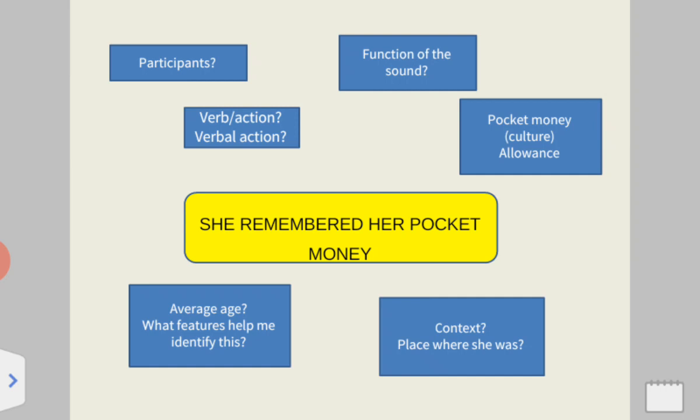We continue talking about culture. Here we have pocket money. I mentioned something about that, connected to the allowance that they receive monthly or weekly, and the piggy bank, which is something really cultural in the United States with the children.